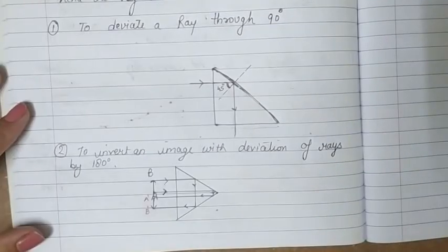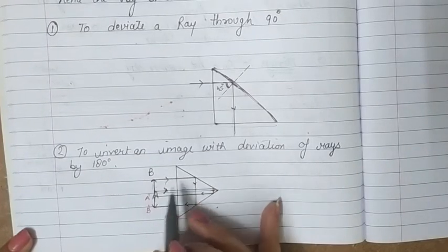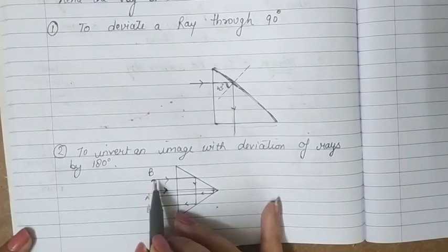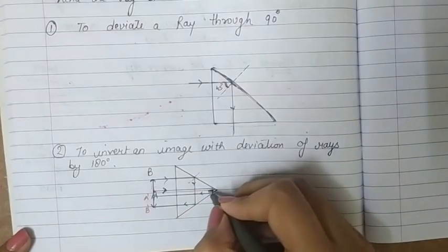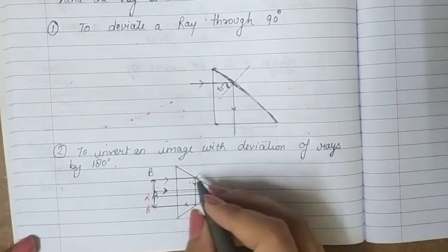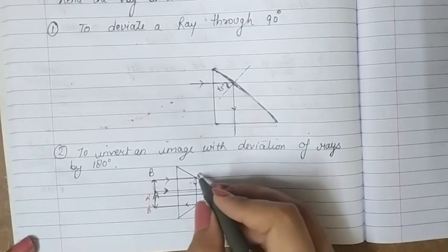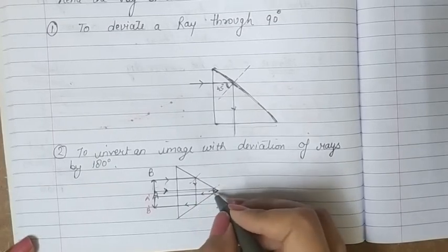So suppose we have an object AB and light rays are going from this object like this. Then here it is making an angle of 45 degrees at both these points, and instead of passing into the air or coming out of the prism, they will bend down and show total internal reflection again at these faces.